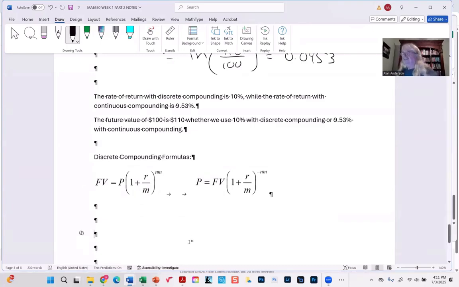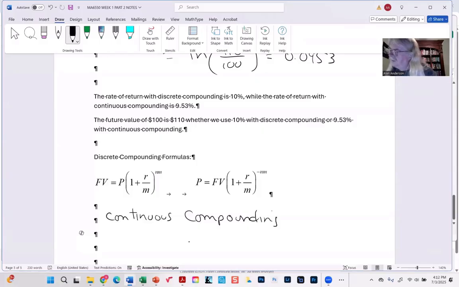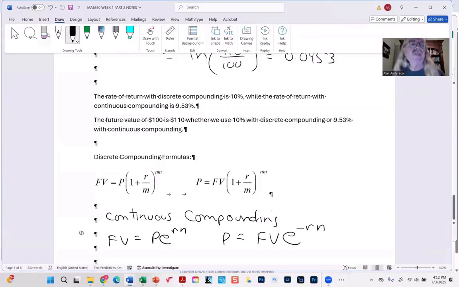So in other words, with continuous compounding, FV is Pe^(rn), which implies that PV must be FV e^(-rn). They're just inverses of each other. So you can use continuous compounding to calculate either present or future values.